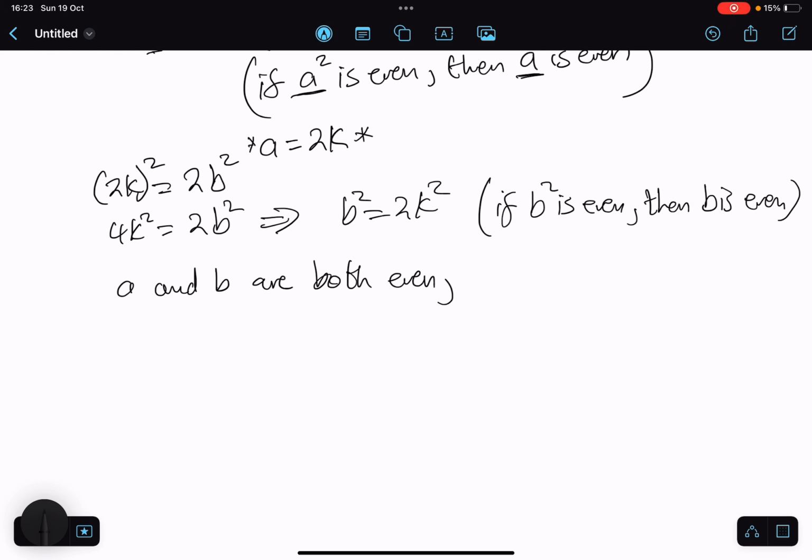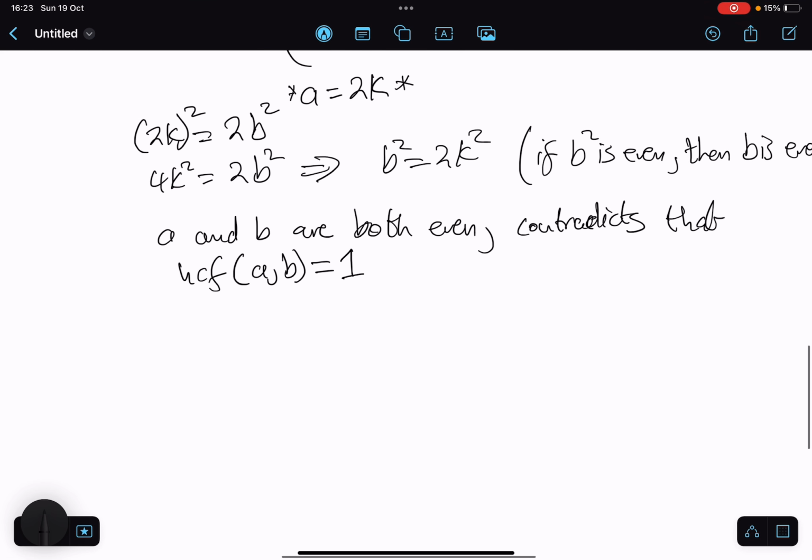And this contradicts that the highest common factor of a and b is equal to 1.